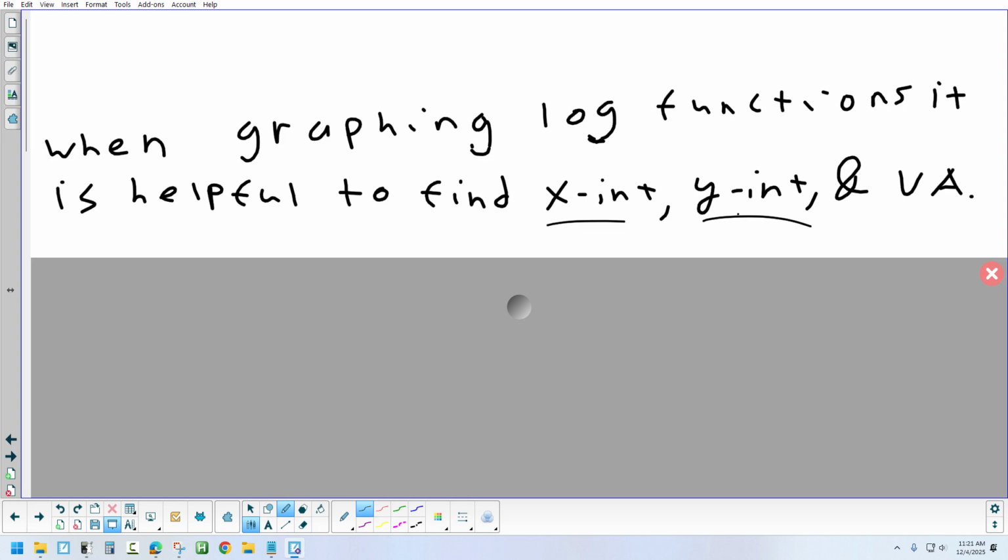Because there's always a continuous vertical line going through. Because it approaches infinity. Well, okay, talk to me more about infinity.